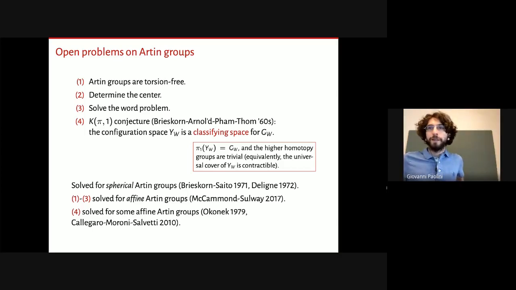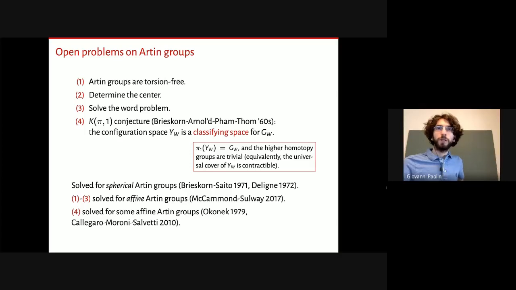And the next family of Artin groups which we are interested in is affine Artin groups. So these are the groups that come from affine Coxeter groups, which is the same as affine reflection groups. So together, spherical and affine basically cover all the cases of reflection groups, the Coxeter groups that are a bit more simple to think about.